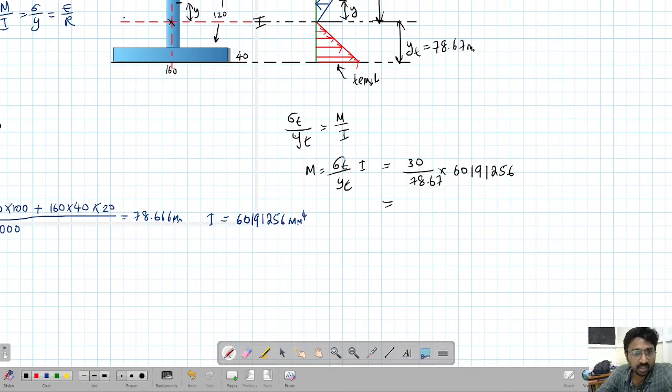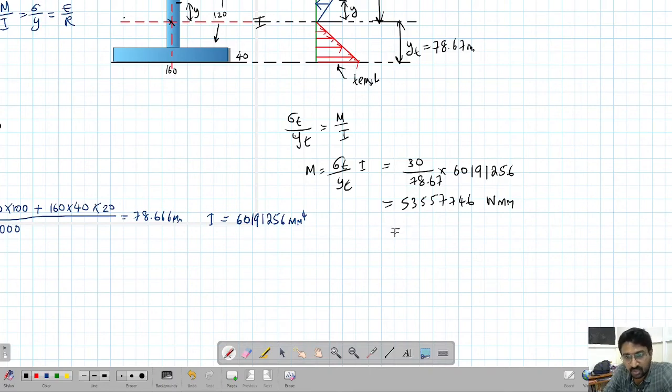Let's calculate this very fast. Whatever value we are getting, it is in Newton millimeter. So it is 53557746 Newton millimeter.